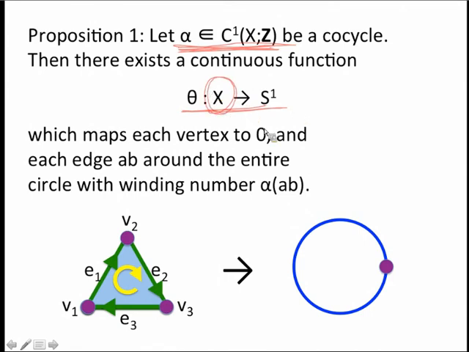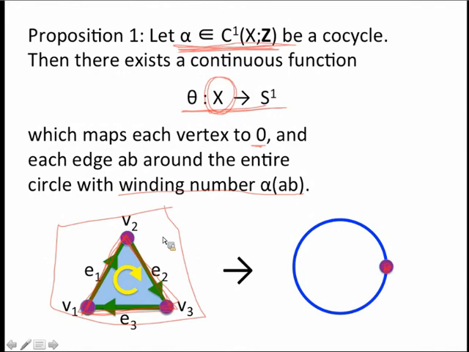This cocycle would actually be modded out if I mod out by the coboundaries, but we do have a cocycle here. And according to this, I can come up with a continuous function on my entire simplicial complex into the circle, such that every vertex gets mapped to 0, and each edge gets mapped to the winding number alpha of AB.